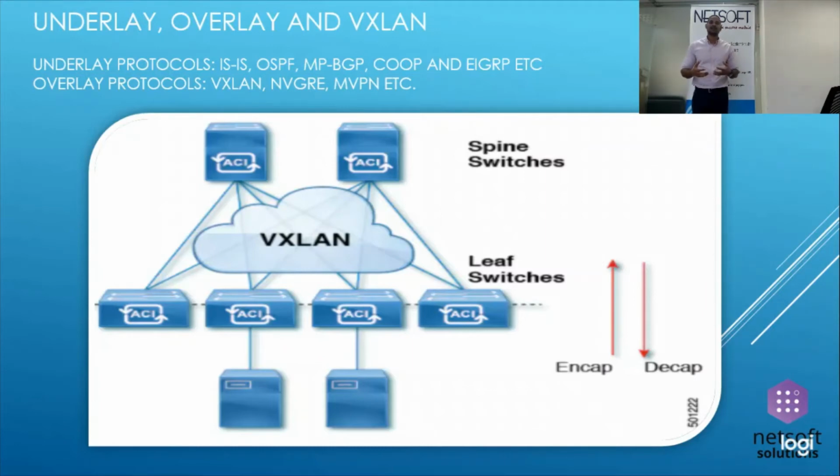In VXLAN, we move from layer 2 dependencies to layer 3 dependencies, and we create a VNI, virtual network identifier, which maps the VLAN to a VNI, and then we map that VNI to the bridge domain. Then that bridge domain is mapped to the VRF. Okay, so that's how VXLAN will work. So let's go into our next slide.